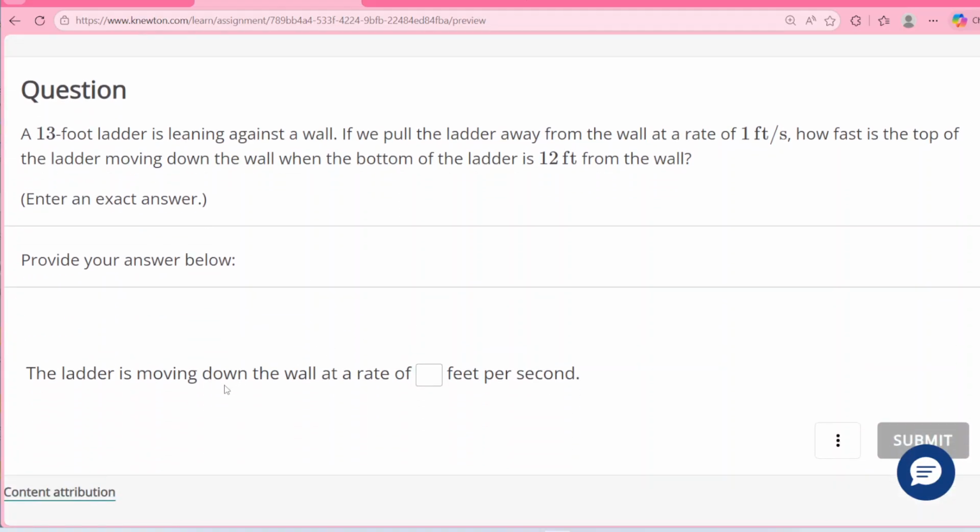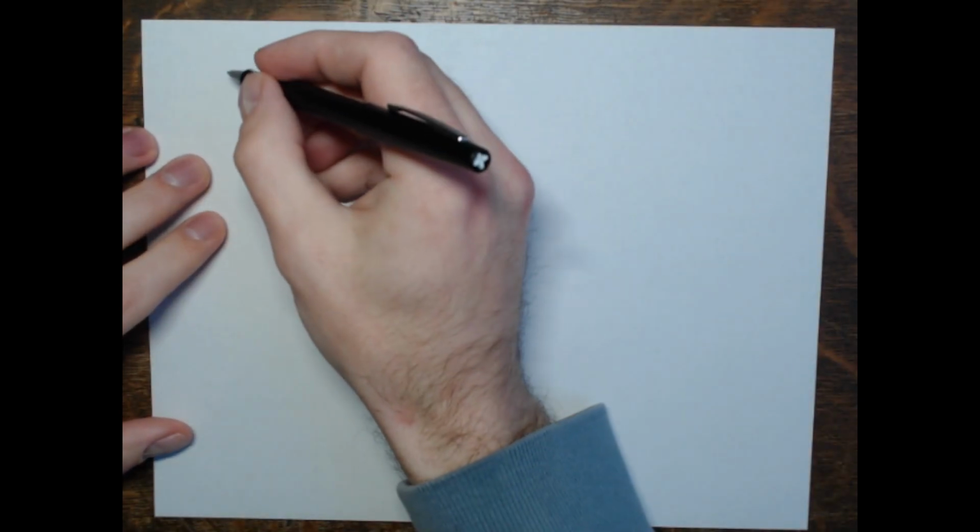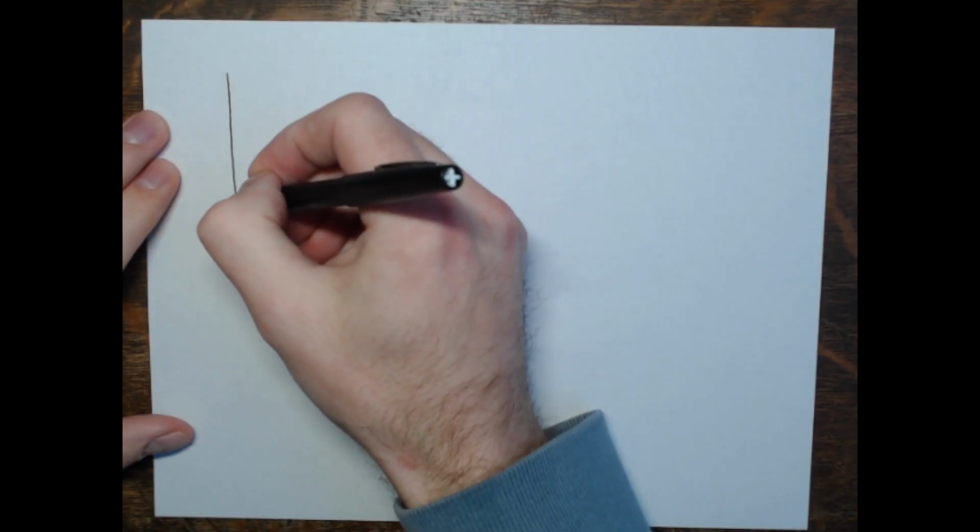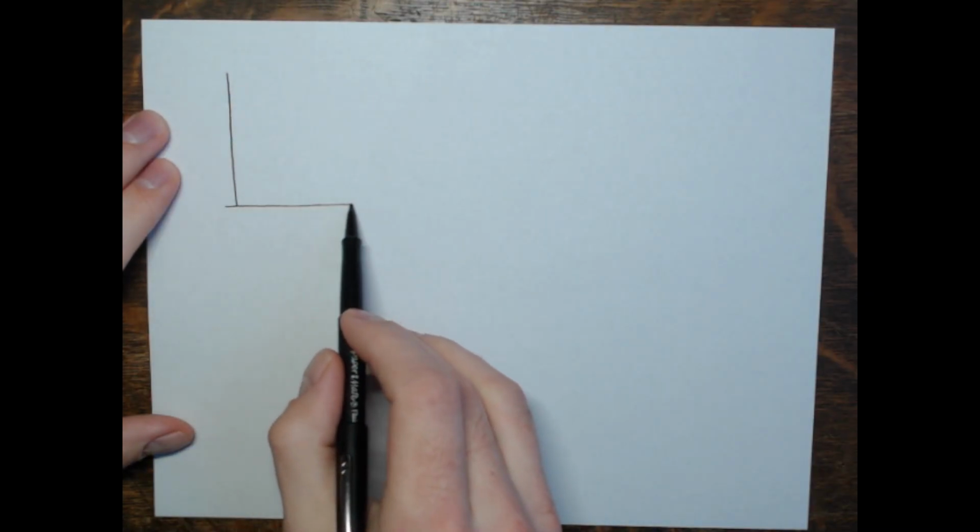They already say moving down, so I don't think I need to put a negative number here. So we'll see what happens when I don't put a negative. But still, let's draw a picture. So here's the wall, here's the ground.